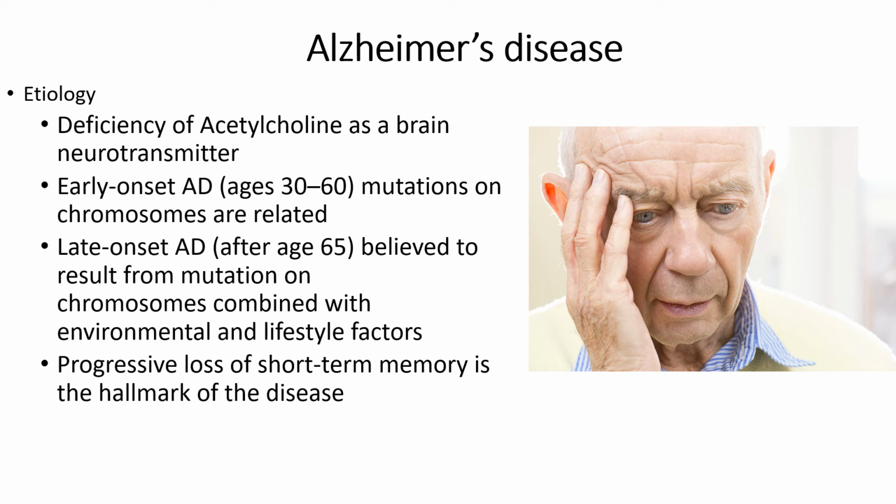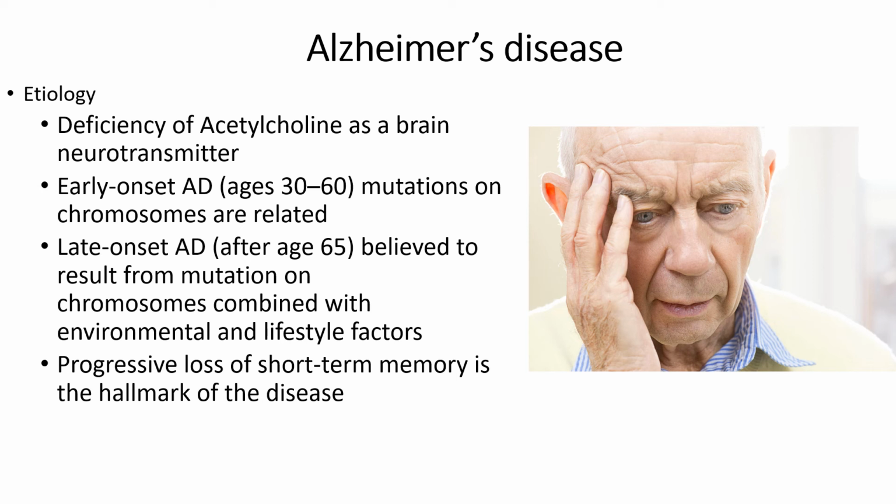So what is the current research telling us about Alzheimer's disease? We think that it's a deficiency of the neurotransmitter called acetylcholine. And you will have heard of acetylcholine before because that's a neurotransmitter in the parasympathetic system.